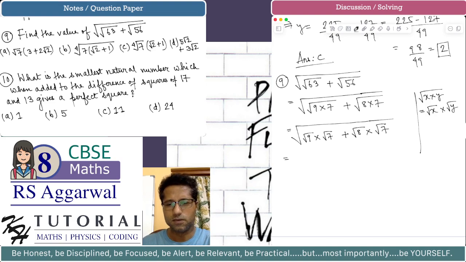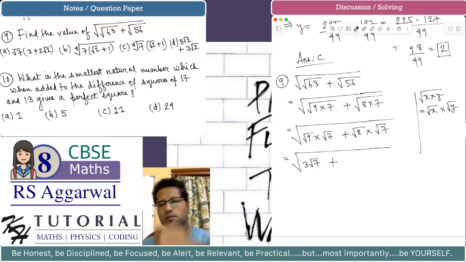So now square root of 9 is 3. So 3 into square root of 7 plus square root of 8. We can write square root of 8 as 4 into 2, multiplied by square root of 7.